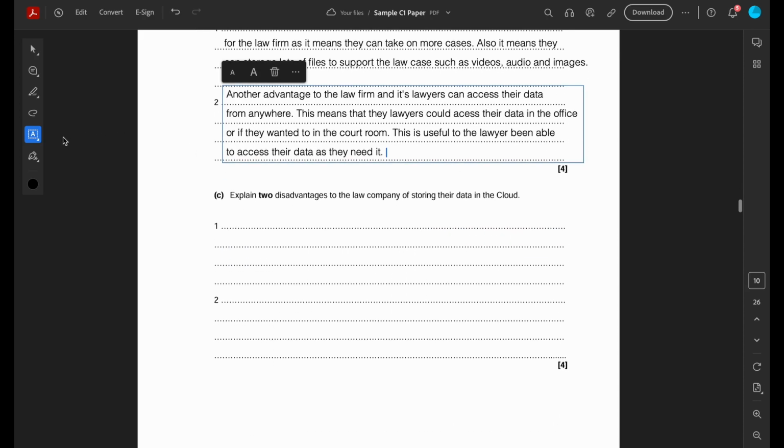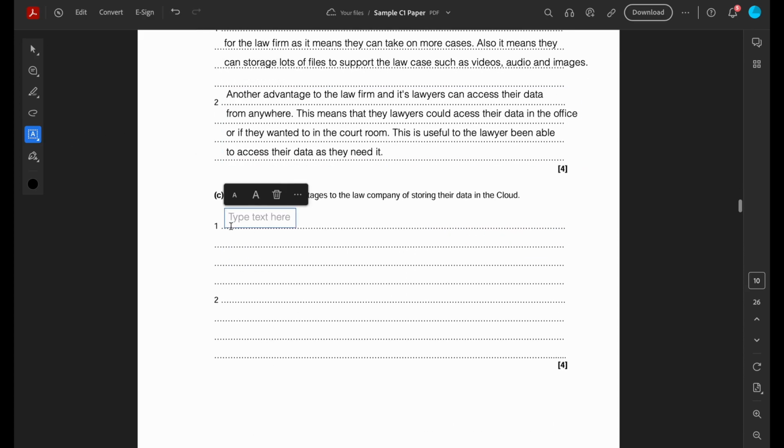Explain 2 disadvantages. So one problem could be data can only be accessed from the cloud as long as you have an internet connection. Now notice I didn't put down a Wi-Fi connection because Wi-Fi and internet are not the same thing.